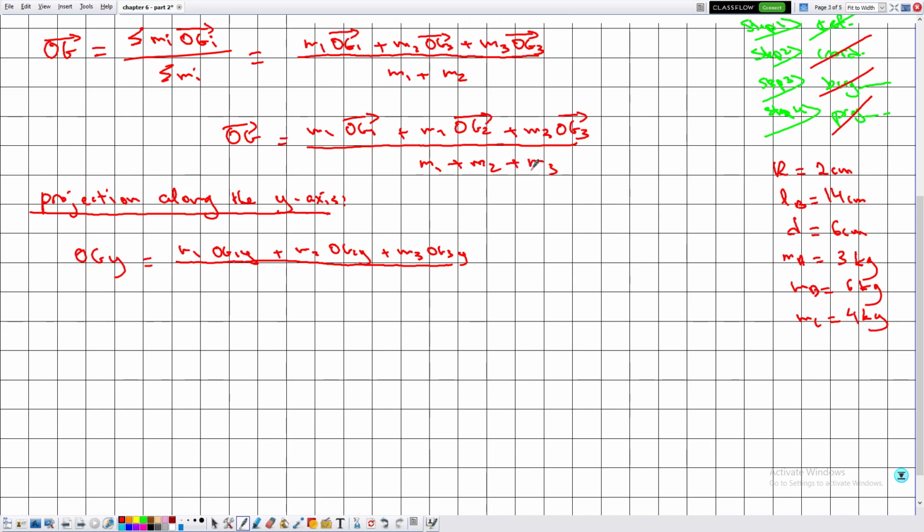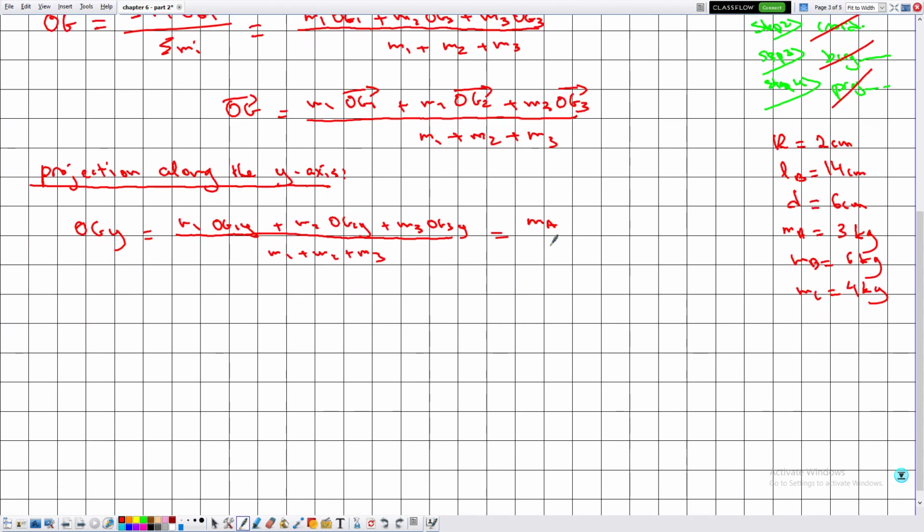Here I'm missing M3. So this is equal to M1, corresponding to the mass A, times OG1y, which is y1, plus MB y2 plus MC y3, divided by MA plus MB plus MC.